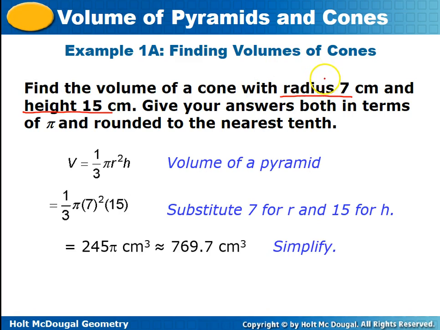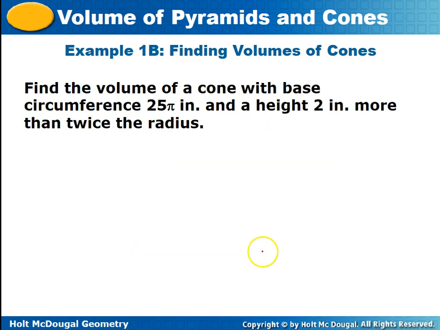When we do 49 times 15 divided by 3, that's 245 pi centimeters cubed. And remember, we're always going to cube our unit because this is a three-dimensional object. Then when we multiply by pi here, we get 769.7 centimeters cubed.